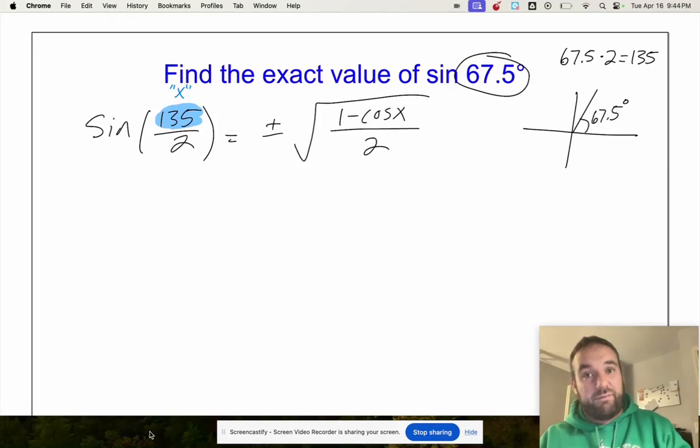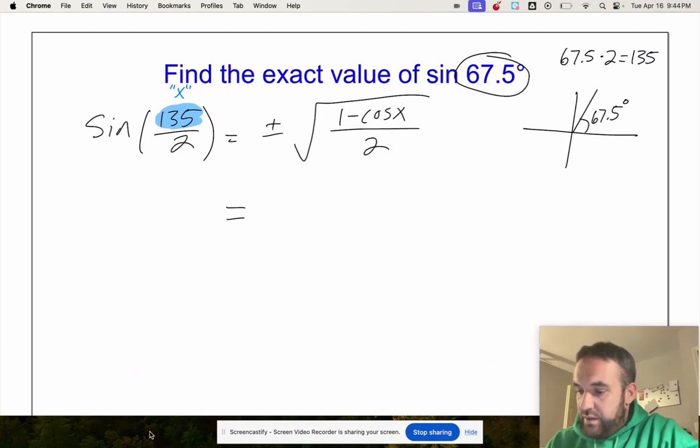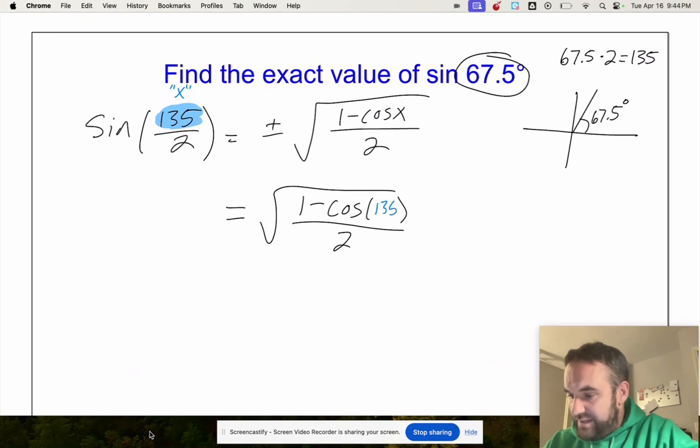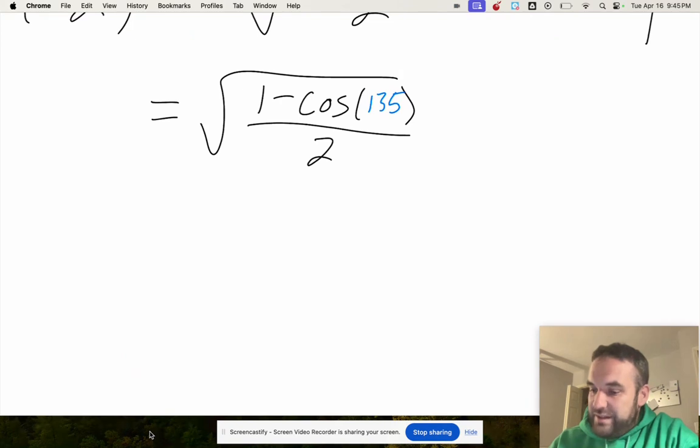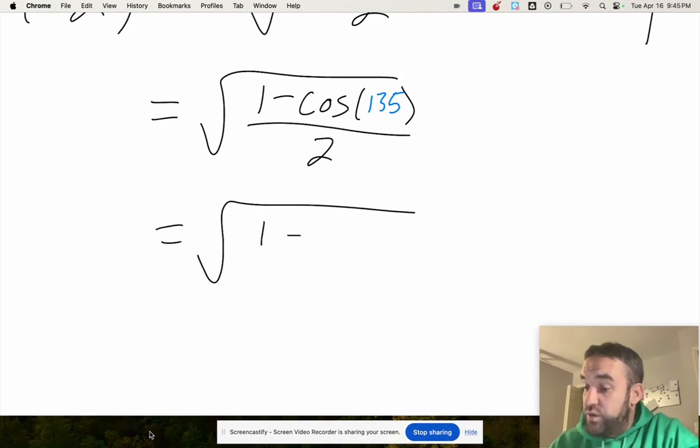The sine of 67.5 must be positive because all three primary trig functions, sine, cosine, and tangent, are positive in quadrant 1, which means I can get rid of the plus or minus and just consider the positive version of 1 minus cosine of x over 2. But in this case, x is 135 degrees. So now I just need to know the cosine of 135, or 3 pi over 4. And that is equal to root 2 over 2.